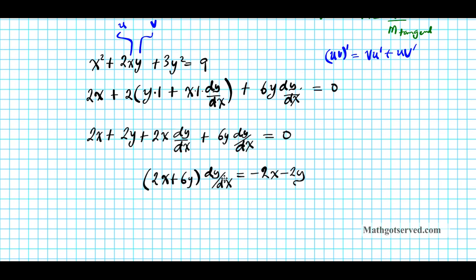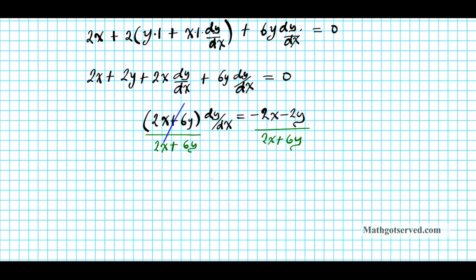To get dy dx isolated, I'm going to divide both sides by 2x plus 6y. So this divides out, and we're going to have dy dx equals, if you notice, I can divide the numerator and the denominator by 2. 2 is a common factor, so I'm going to have negative x minus y over x plus 3y.